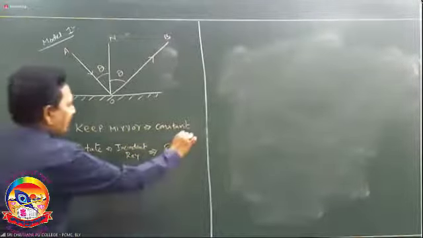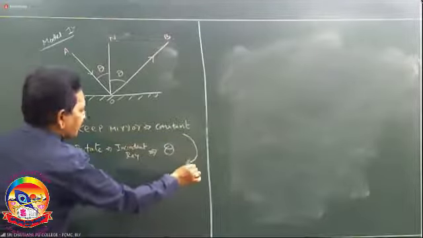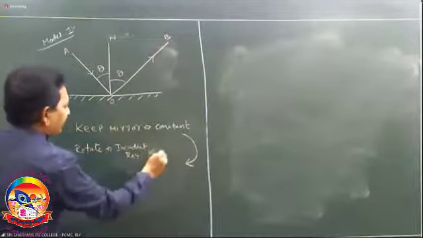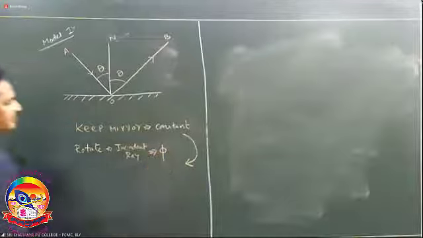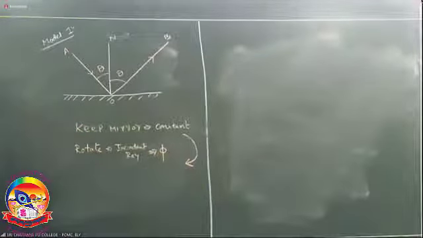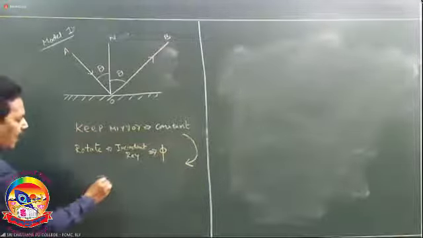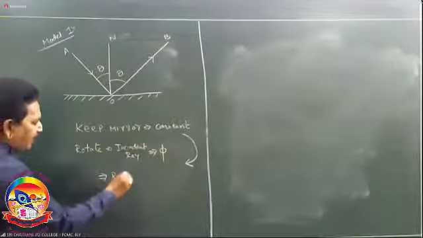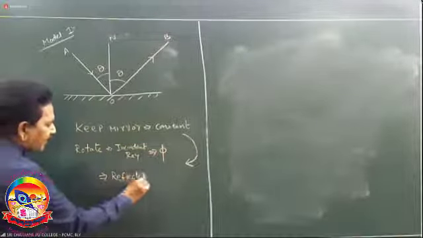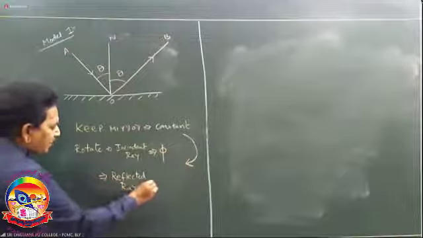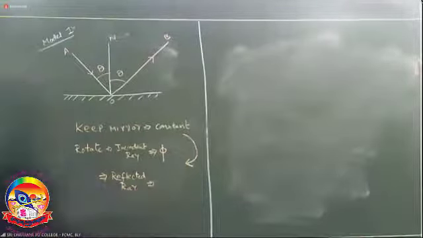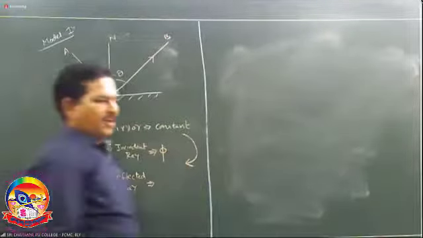It is rotated by theta clockwise, or phi, because theta is already used, by phi clockwise. I want to know what happens to the reflected ray. The reflected ray rotates in what direction, by how much angle? This is the concept.